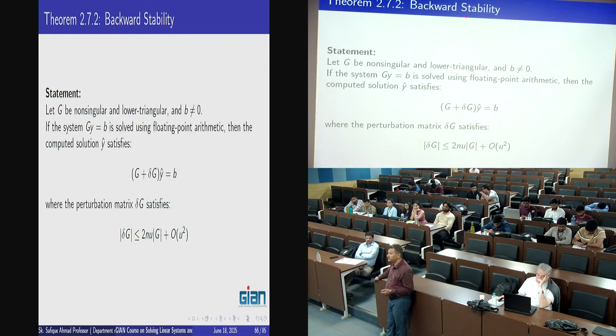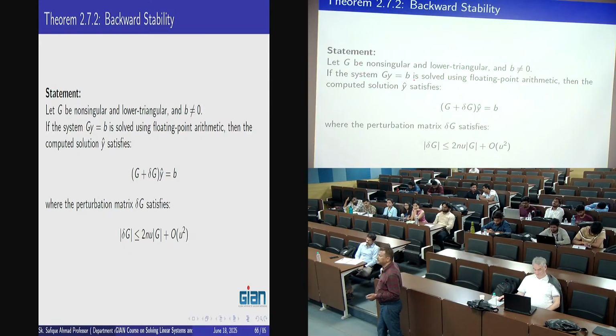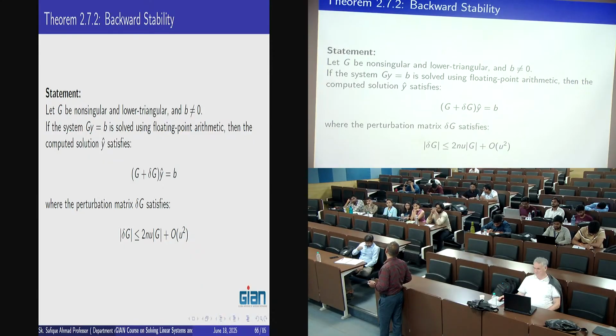Now if you do backward stability analysis for backward substitution, say G is a lower triangular matrix, non-singular, and B not equal to 0, and the system Gy equal to B is solved using floating point arithmetic. Earlier, whatever we calculated without pivoting, we have seen that the calculation is unstable when the matrices are ill conditioned.